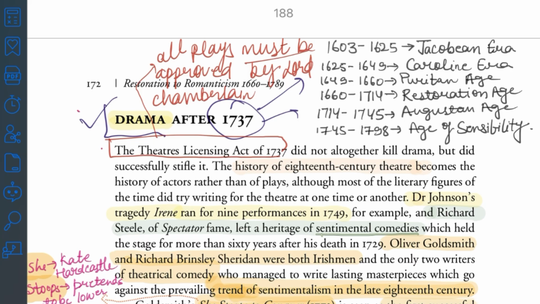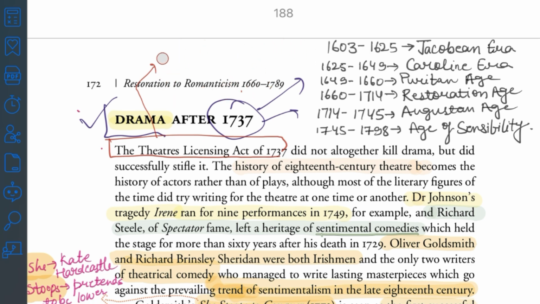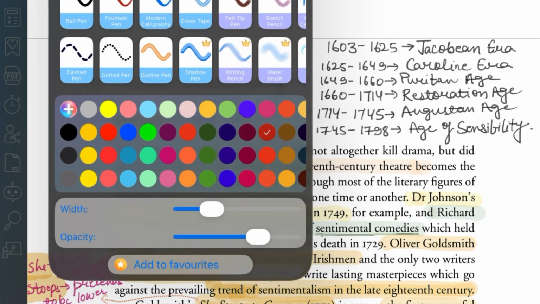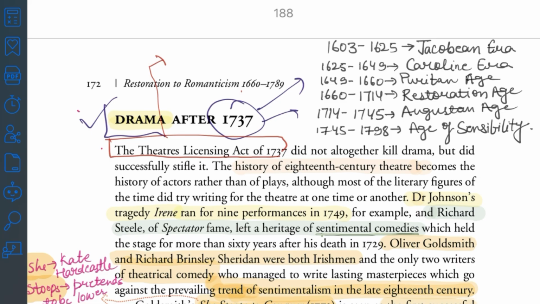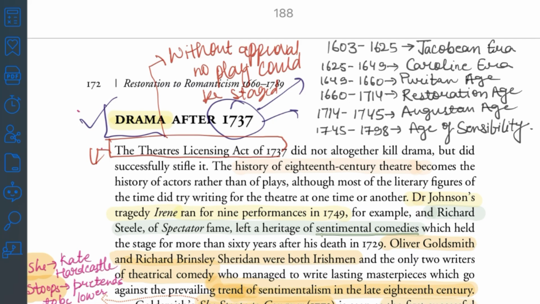This key fact of the law is not fully written in the book, but you have to find it and jot down this point in your notes, or use sticky notes. These must be approved. And second, if a play is not approved, no play could be staged. So its impact was no creative freedom.